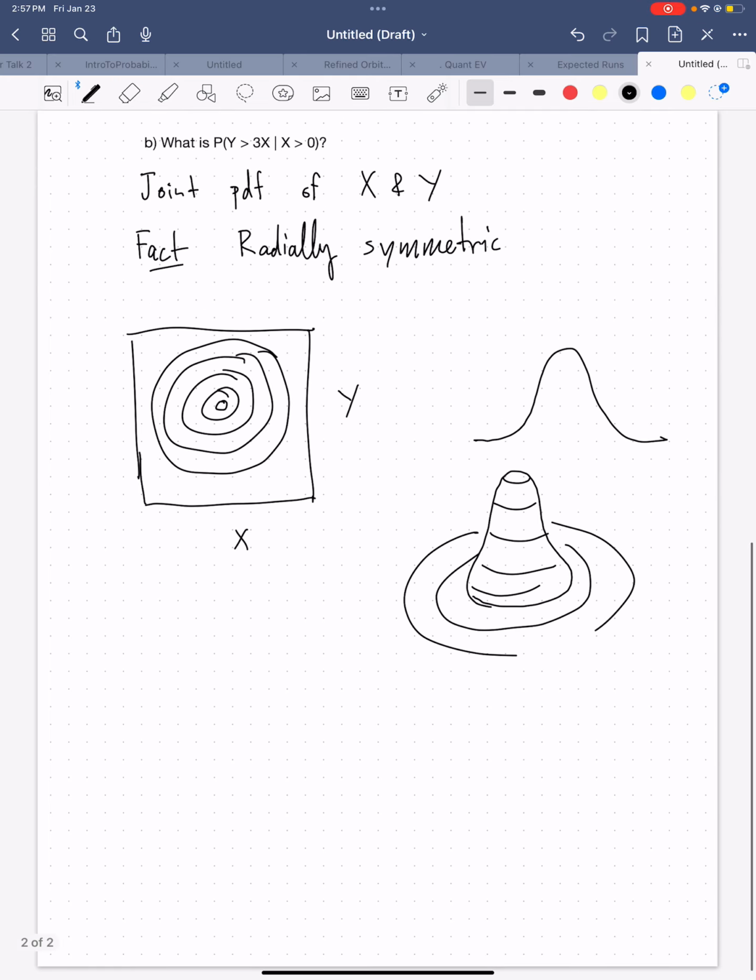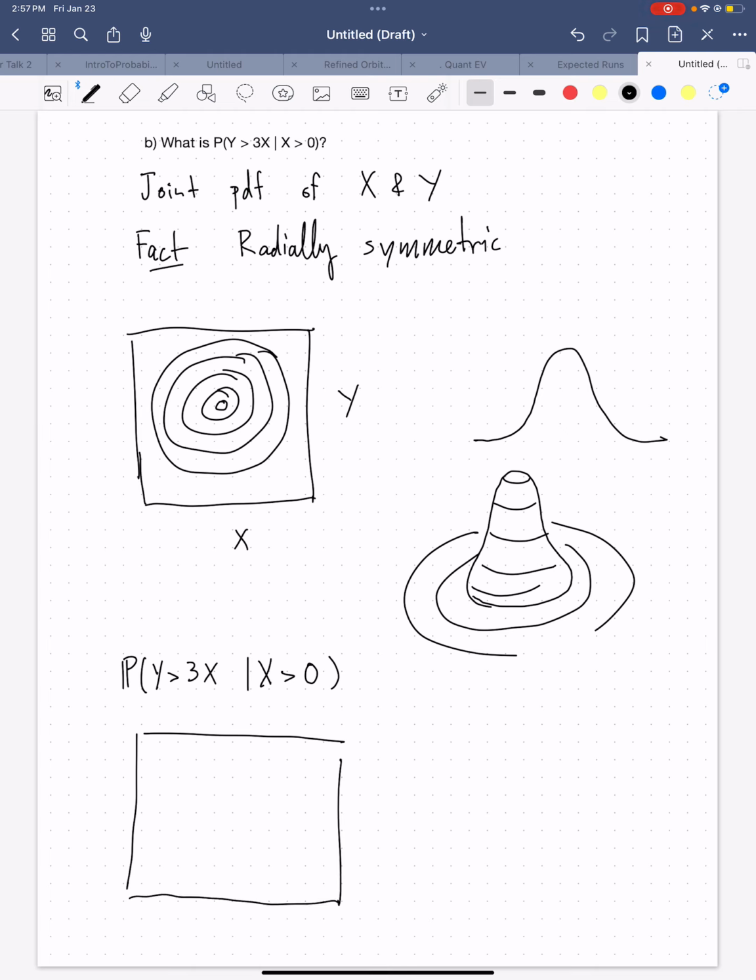If you want to figure out the probability that Y is bigger than 3X, given that X is greater than 0, you can use a picture. I'll draw it as a circle instead of a box plot to emphasize the shape.